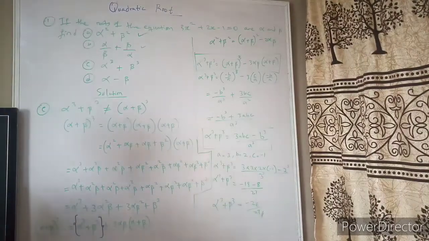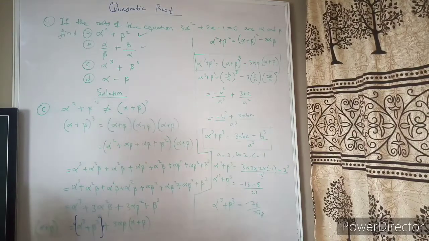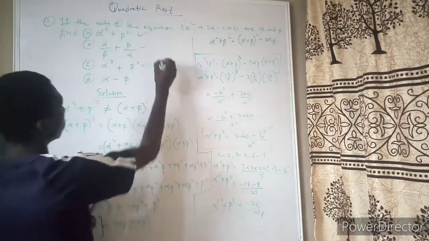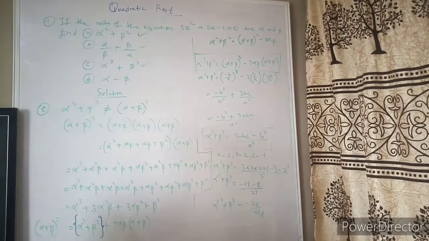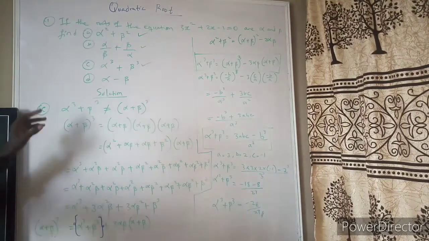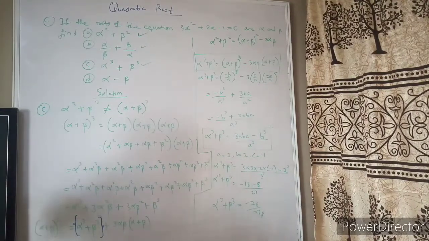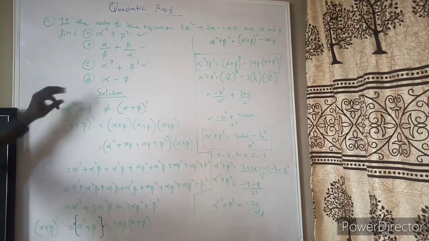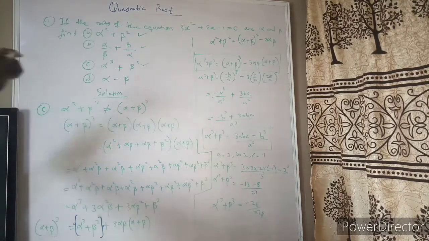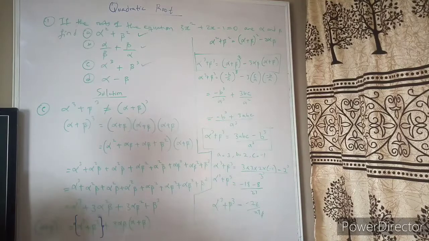So it's as simple as that. So we are done with this. It's as simple as that. The point is just deducing whatever you are given to find, to make sure they are in terms of alpha plus beta and alpha beta.